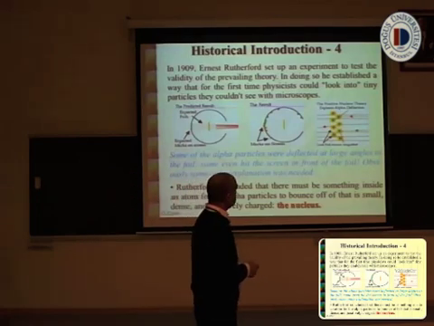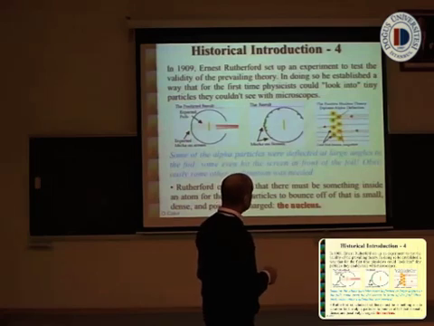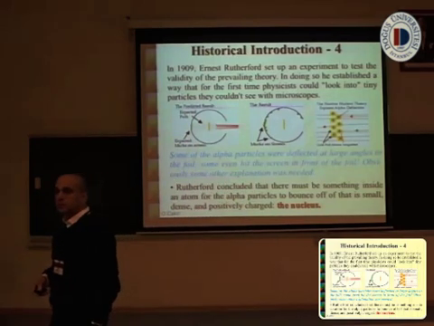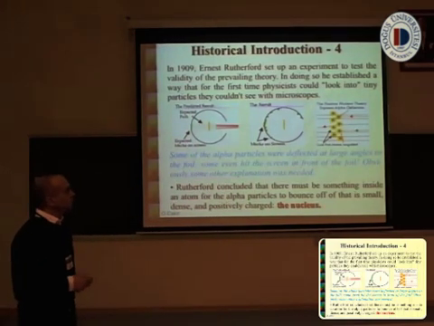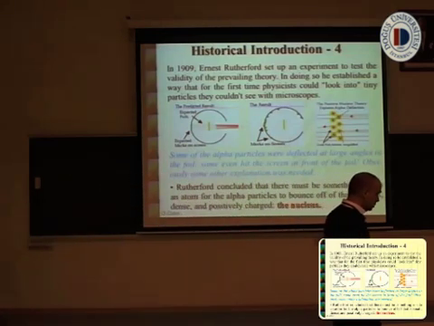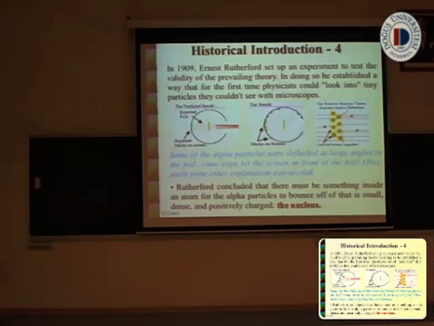So this shows that the gold plate is made of atoms, and then atoms are not very close to each other. Then there may be some gap between them.